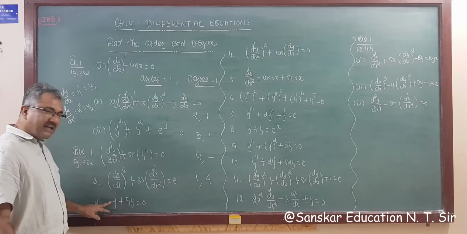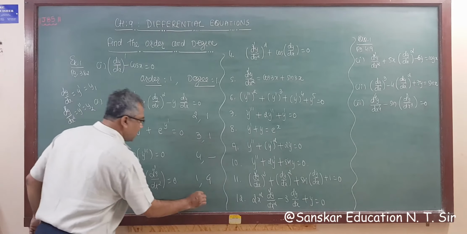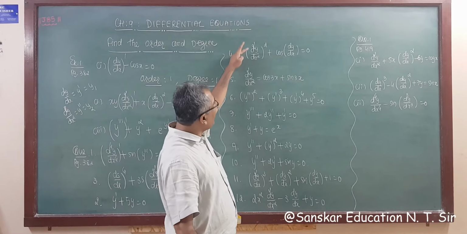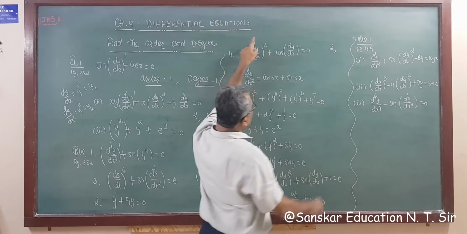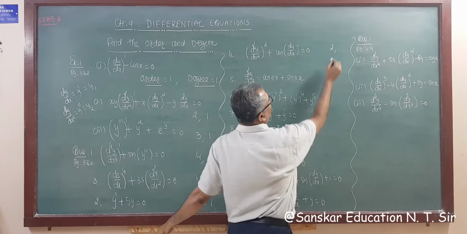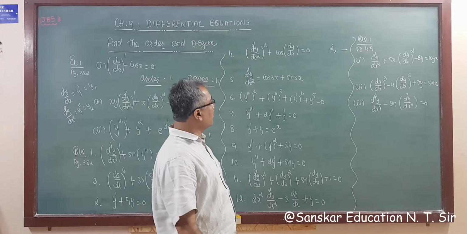Now highest order derivative, first order derivative 1 and power of this is 1, so answer will be 1 1, right. Here highest order derivative 2, so order is 2, but this is not a polynomial in derivatives, so degree is not defined.